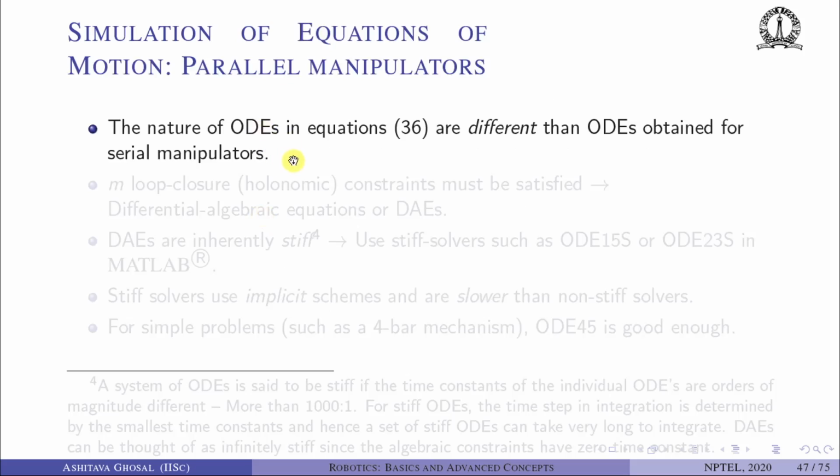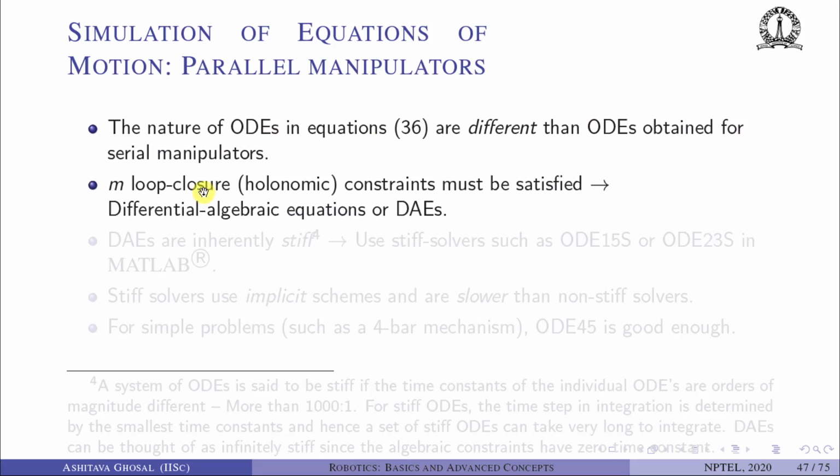Okay, so the nature of ODEs in a parallel manipulator, they look similar, but they are slightly different from the ODEs obtained for the serial manipulator. Let's discuss this a little bit. The m loop closure equations must be satisfied at all instants of time. So not only do we have differential equations, but we have m loop closure equations, which are holonomic constraints.